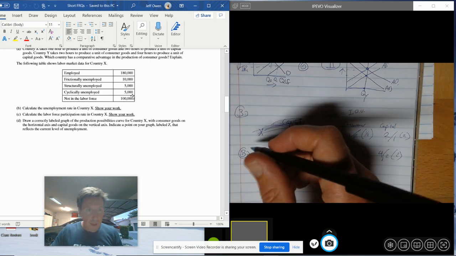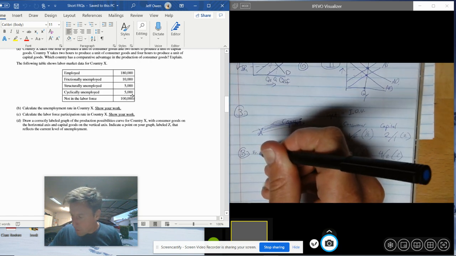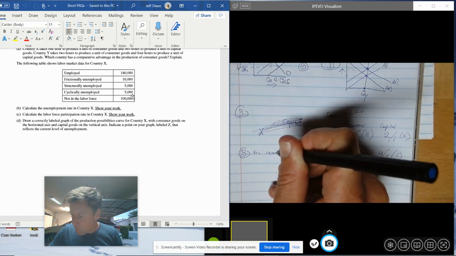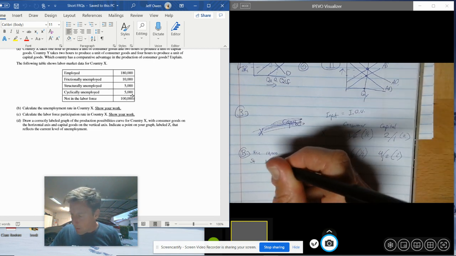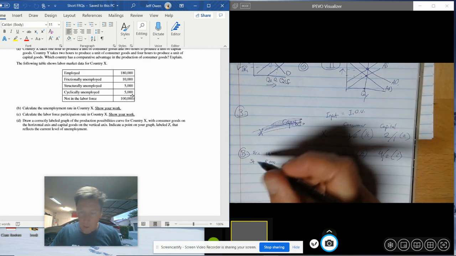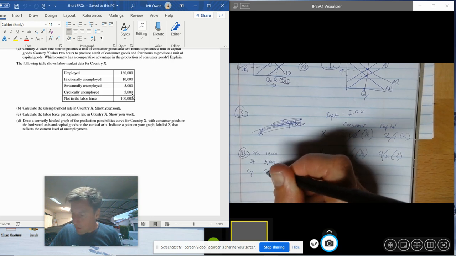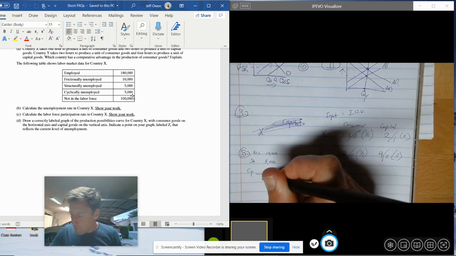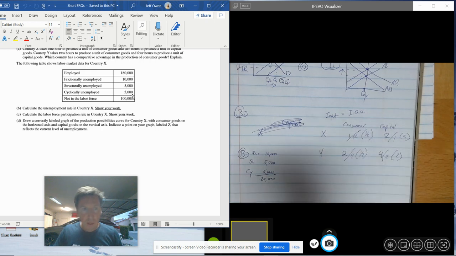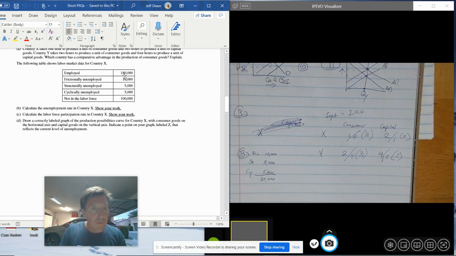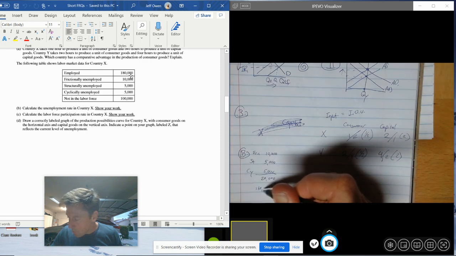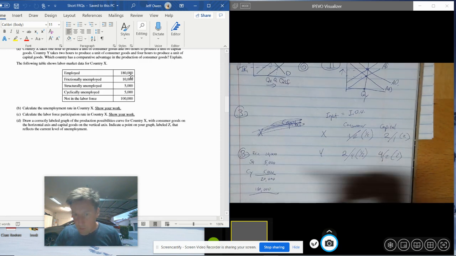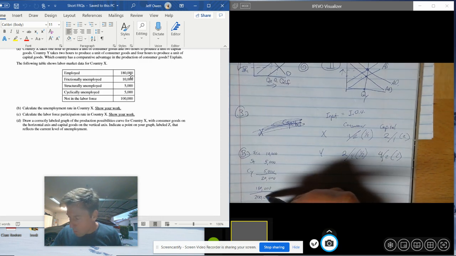So we had frictional was 10,000. Structural was 5,000, and cyclical was 5,000. Add those puppies up, that's 20,000. And let's see, the total employed were 80,000. So my labor force is 200,000 people.